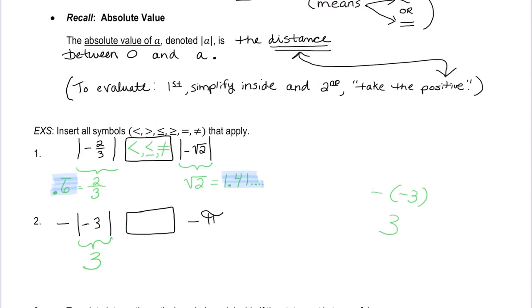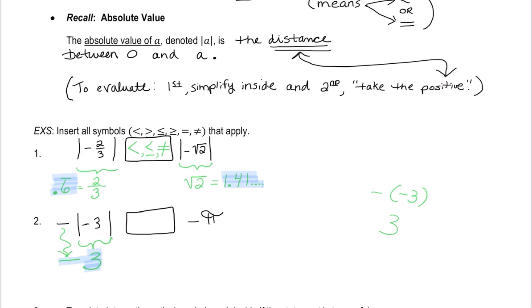So first we take that absolute value, and this minus is just out in front getting carried along. Okay, so what we have on the left-hand side that we're going to be comparing is this negative 3.